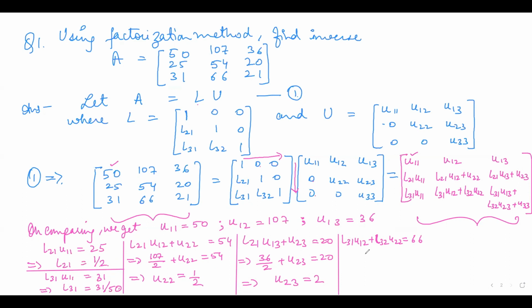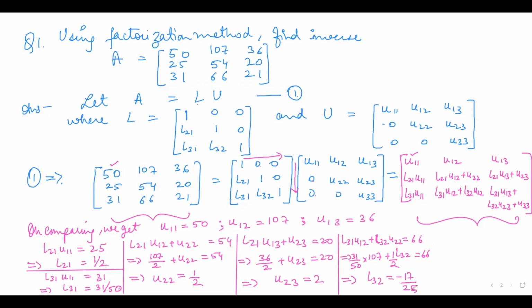U12 is 107. So this becomes 31 upon 50 into 107 plus U22 is half. So L32 into half is equal to 66. So after all the calculations, I am getting my L32 as minus 17 upon 25.